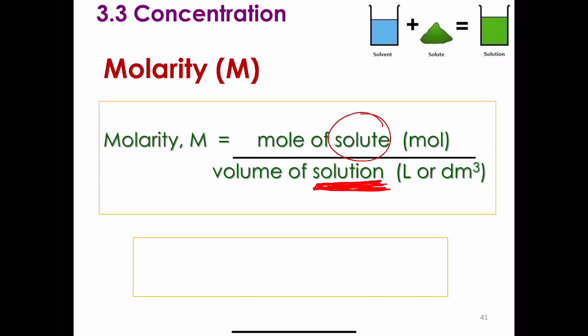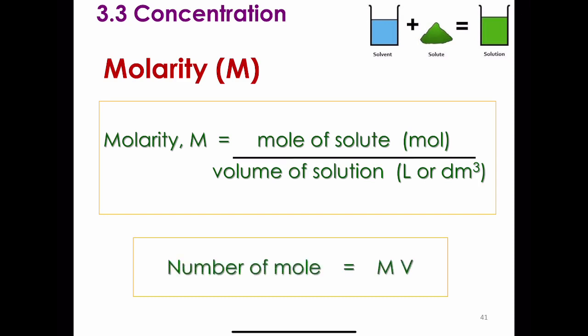So that is why it is important untuk kamu kenal pasti apa dia solvent, apa dia solute, and also what is a solution. So if we were to look for number of mole from molarity punya formula, so rearrange balik, so you will get that number of mole is equals to molarity times with volume, where the volume has to be in decimeter cube ataupun liter. So let's have a look at the example.